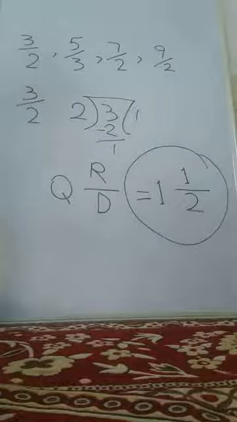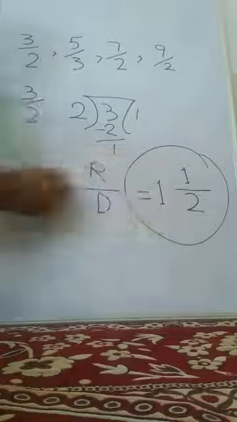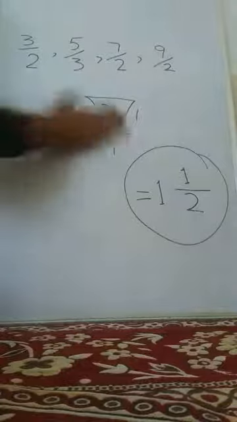Now let us represent this mixed fraction on a number line. 3 by 2 is equal to 1 and 1 by 2. We have a number line. This is 0.